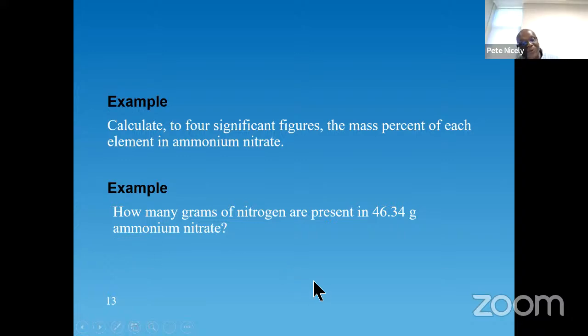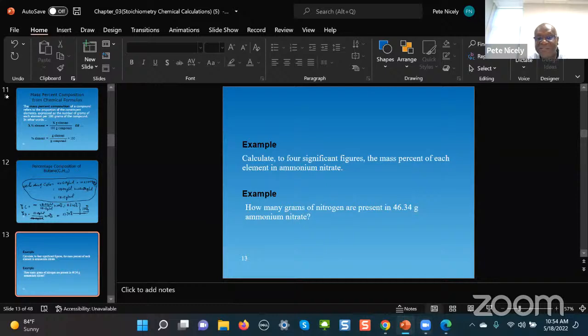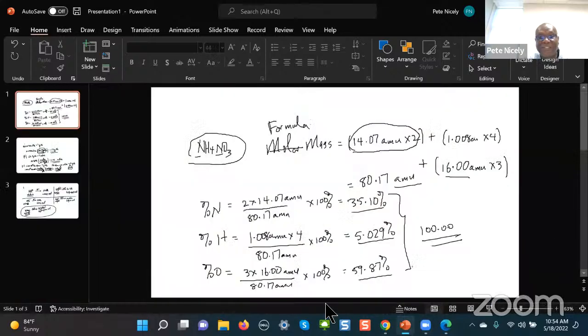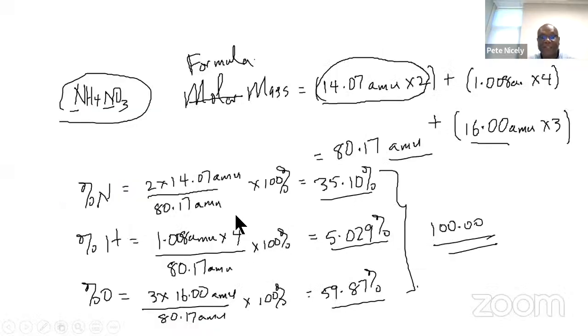So the way I would tackle that problem is I would use the percentage of nitrogen and multiply it by the mass of the total compound, right? Let me go back to this PowerPoint here. So the number I'll be using in this problem would be the percentage that we calculated here, which would be this number right here, right?